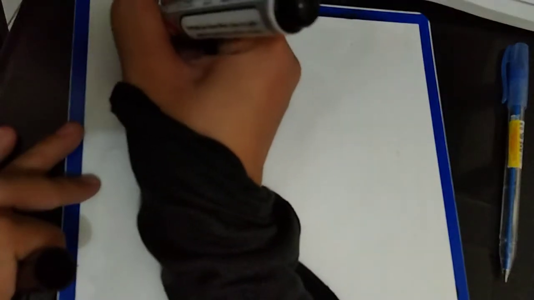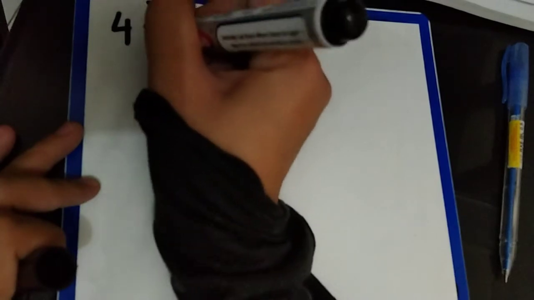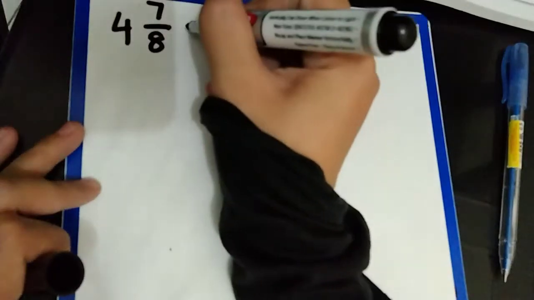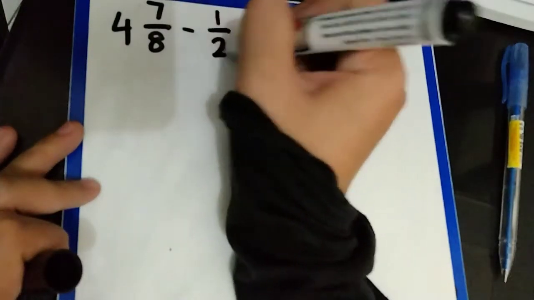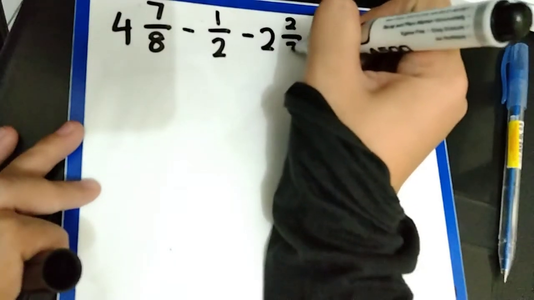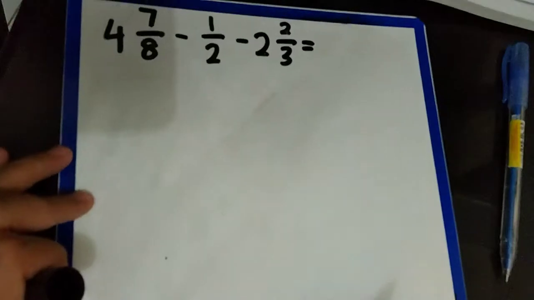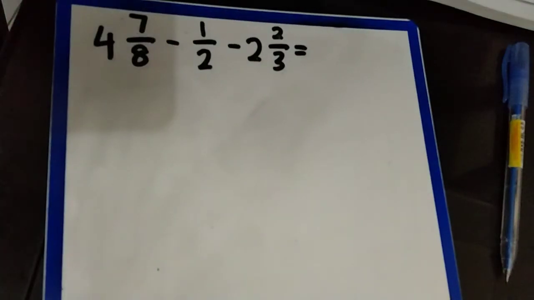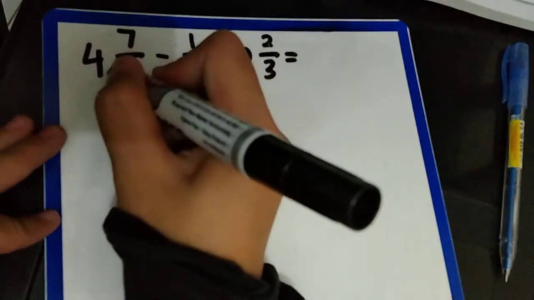Okay, so the next example that we are going to explain and discuss together is 4 7 over 8 minus 1 over 2 minus 2 2 over 3. There are a mixed number, a proper fraction, and a mixed number. So what to do?